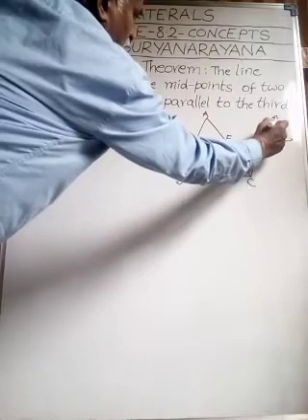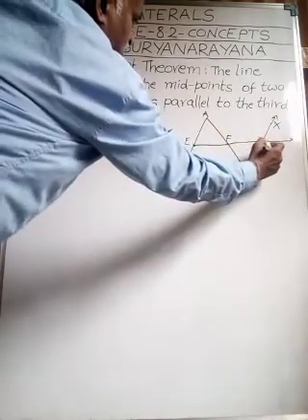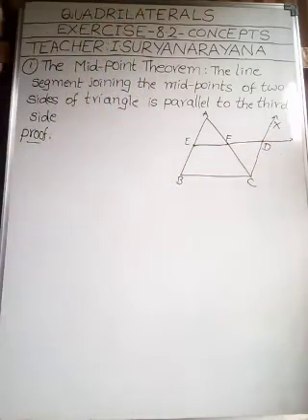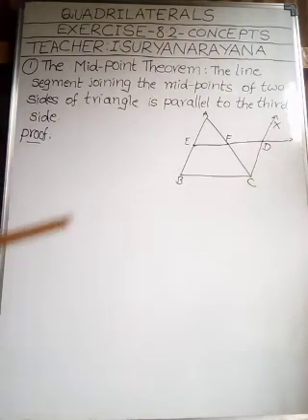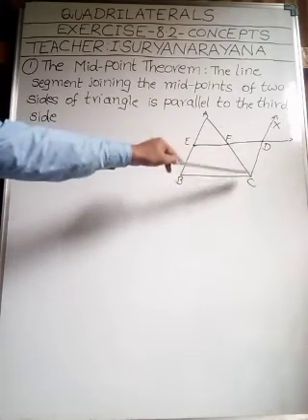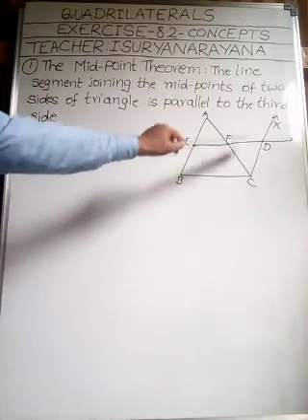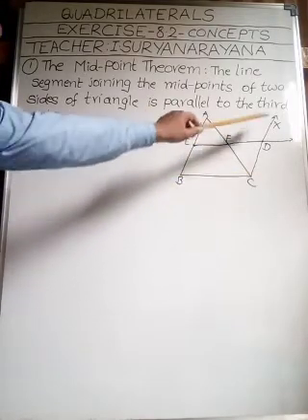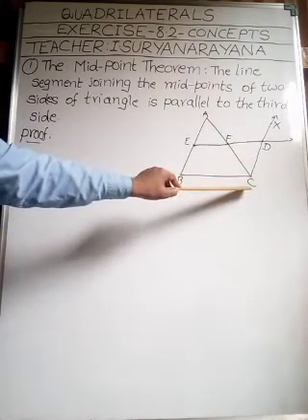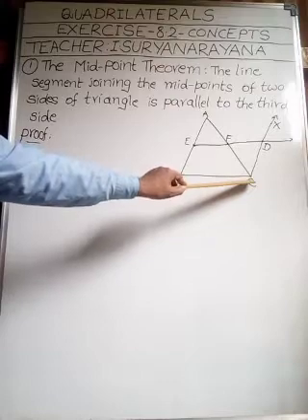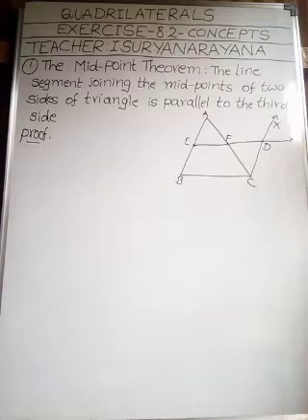Let us draw a parallel line CX, which meets this extended line EF at D. To prove this theorem, we have to do some more construction. This is the construction. We have extended EF and we have drawn a line parallel to AB through the point C.